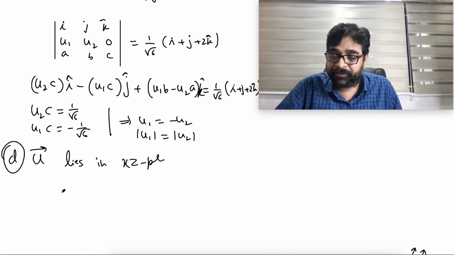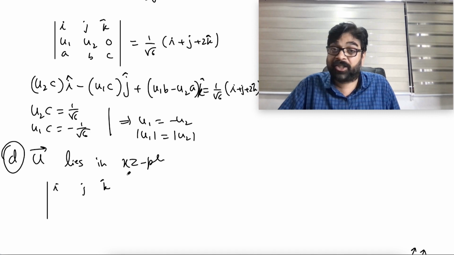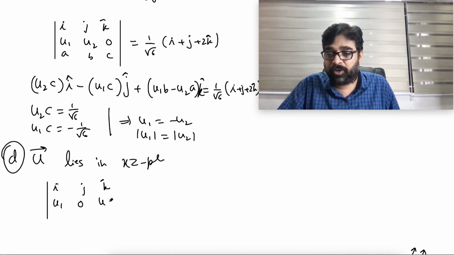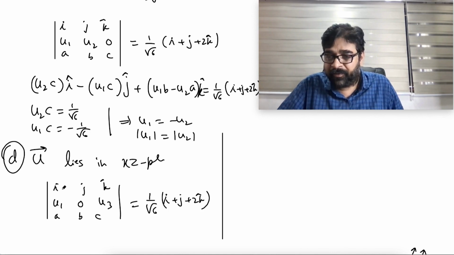So what will happen? Now this time I will write I, j, k. Xz plane means the y coefficient is 0. So u1, 0, u3 and a, b, c equal to the same thing, 1 by root 6 times I plus j plus 2k. If we expand, this will go and this is gone.